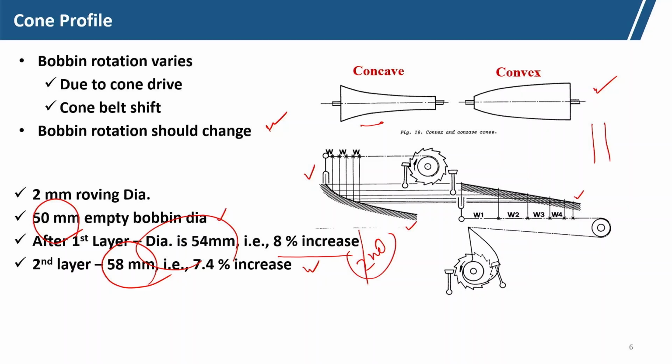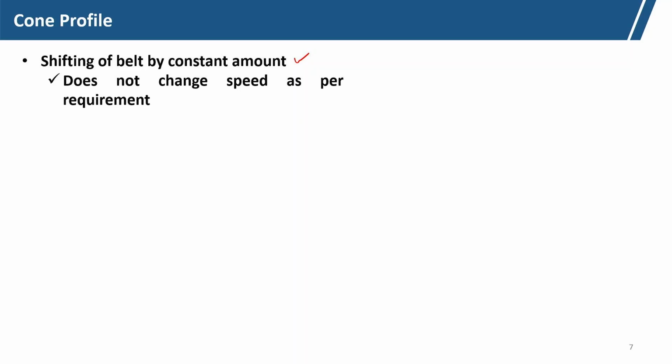So, to maintain this, ideally the cone shape should be hyperbolic, but there are some issues. If we keep the shifting of the belt constant, then definitely we need a hyperbolic cone shape.